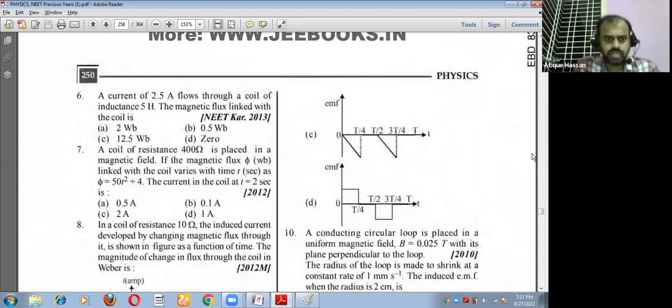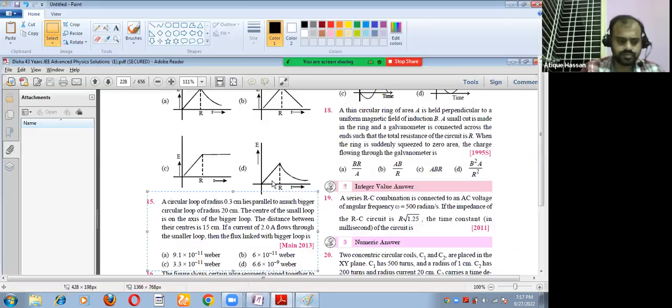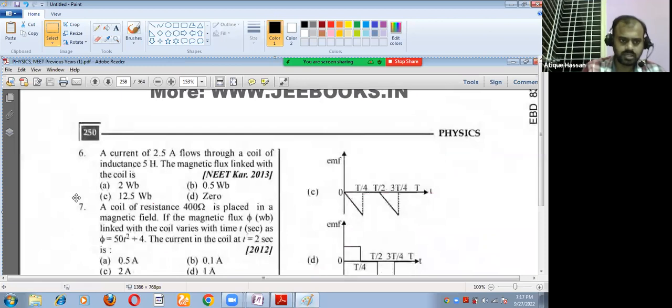Question number 7 is a NEET 2012 question. Attempt this one.